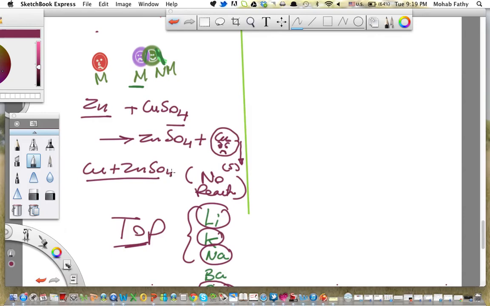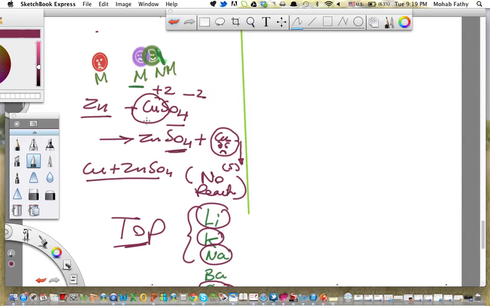This kind of reaction is called single substitution or single replacement. Why do you think? Because only one is replaced, which is a cation. The metal is a cation, so the cation is the part which is replaced, and the sulfate remains in the product.